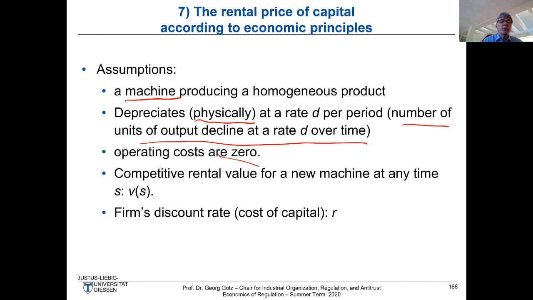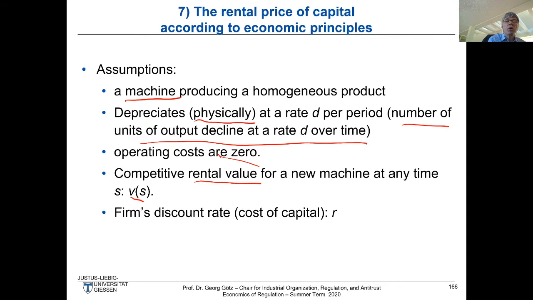And the important point is some further notation. If you have a new machine, the competitive rental value for this new machine would be this value V. So that's what you would have to pay if you want to rent it, because that's exactly what it produces in terms of value.